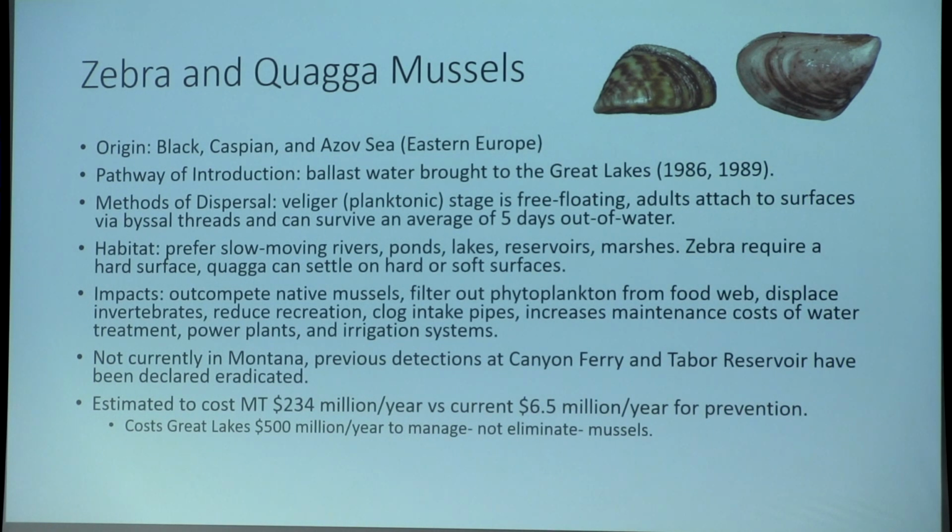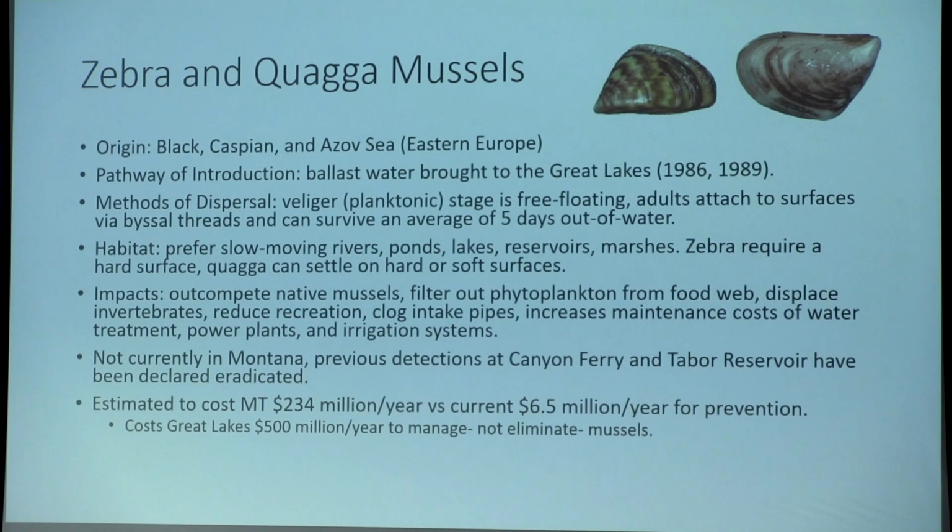Habitat-wise, we see them a lot in slower moving water. We don't worry about them in some of those rushing, rapid waters. So if you do see us surveying lakes and streams more often, or notice that our inspection stations tend to be clustered around lakes and reservoirs, that would be why. And as I said before, they outcompete native mussels.